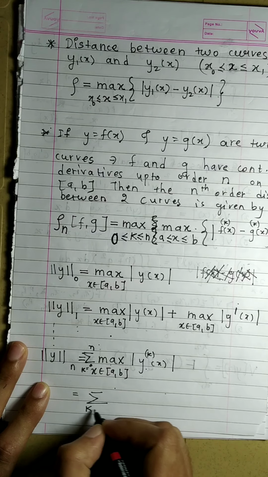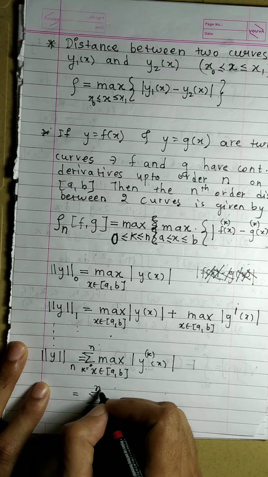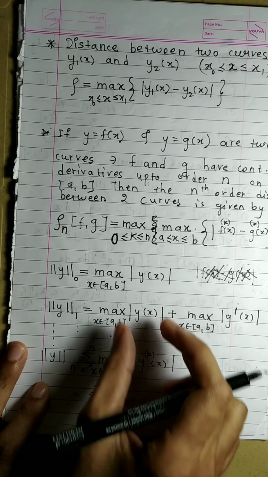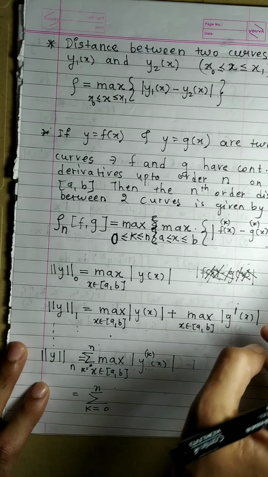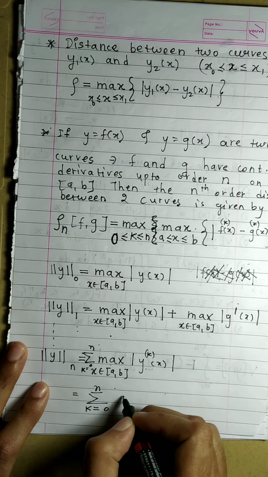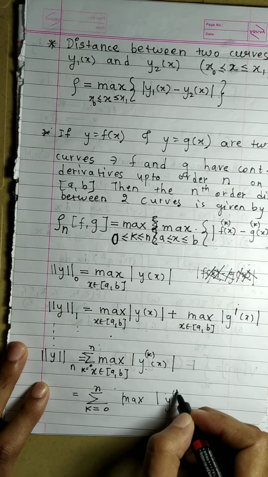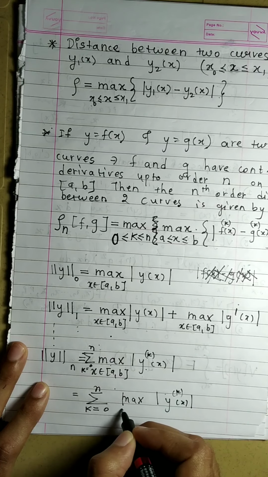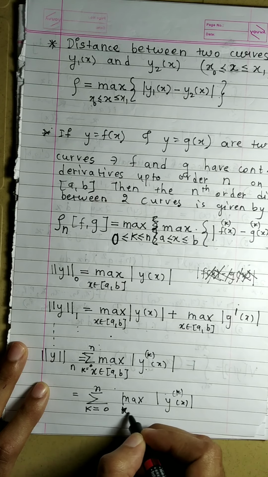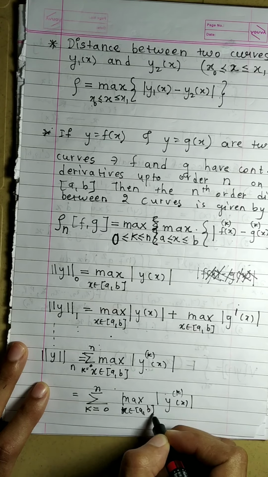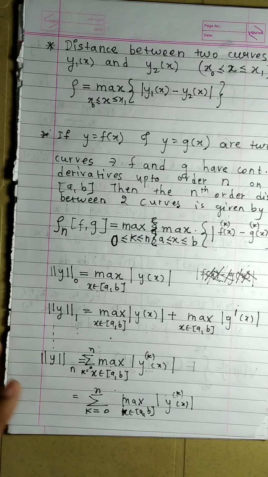The summation, with k running from 0 to n, sums all this till the kth derivative. So it will be the maximum of y^(k) of x, x belonging to the interval a, b.